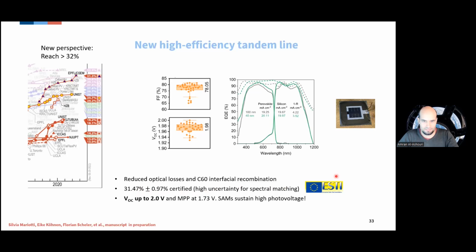And the nice thing here, it's still SAMs, and the VOC that we reach now is up to 2 volts. So the SAMs continue to surprise us that high photovoltages can be sustained by just these small molecules here. And what's funny, the MPP is at 1.7 volts, so you can drive basically water splitting, for example.